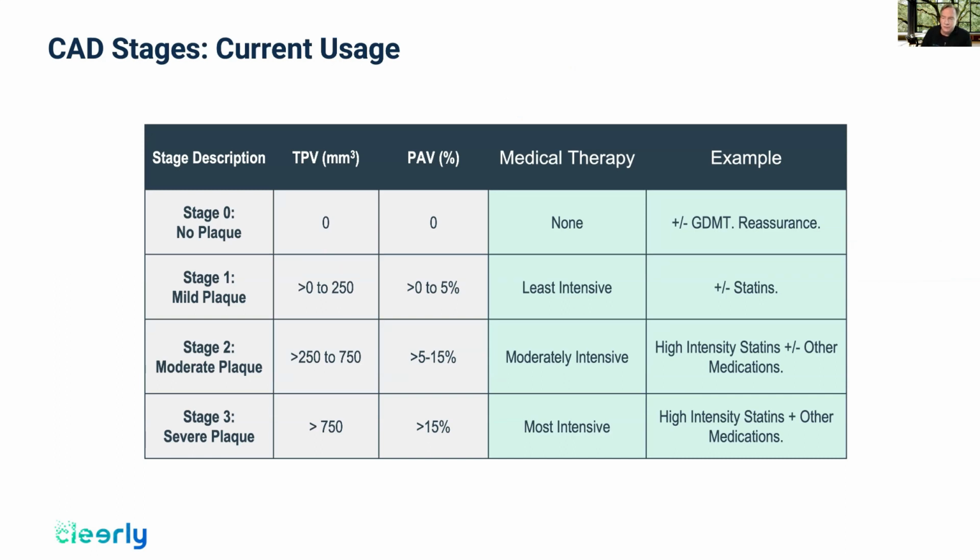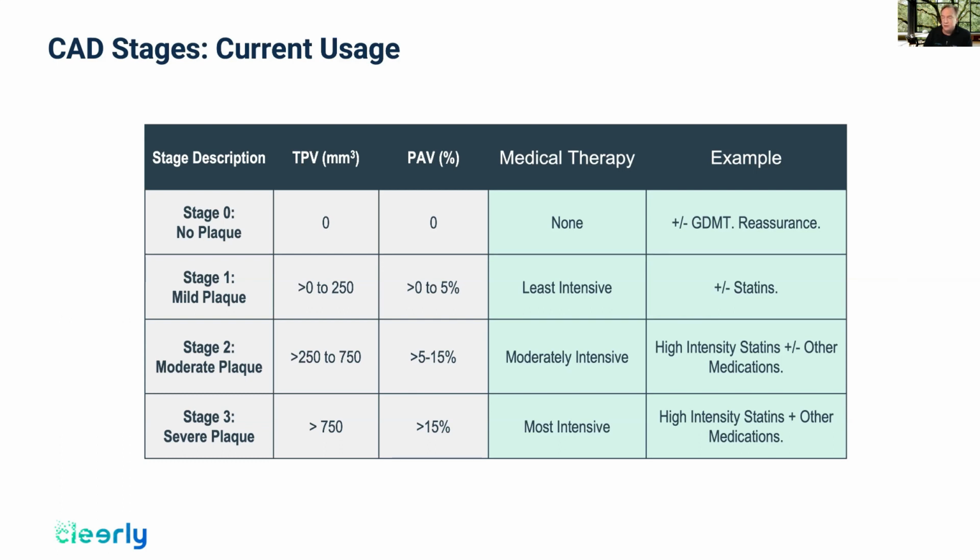So overall, the thought with this staging system is that for patients who have atherosclerosis, the atherosclerosis itself is the strongest predictor of future cardiac events. It's not necessarily the patient's cholesterol levels or other clinical parameters. In studies that have looked at this, it is the actual plaque itself.